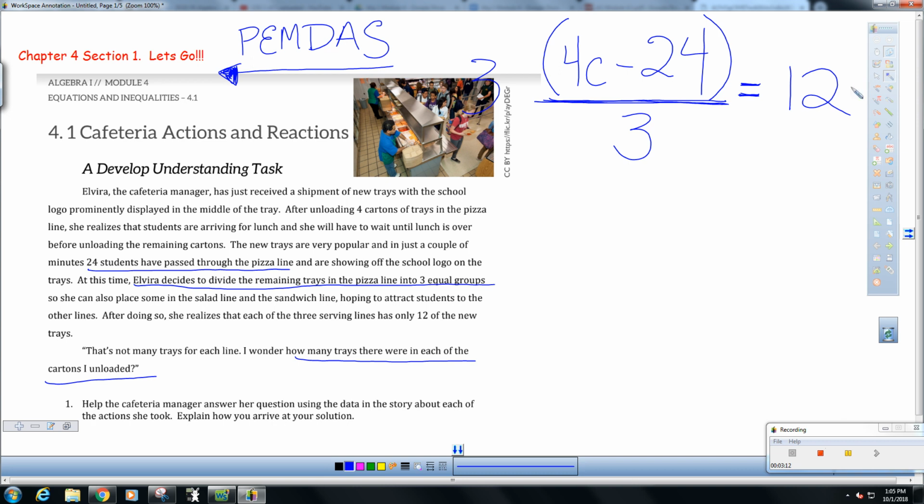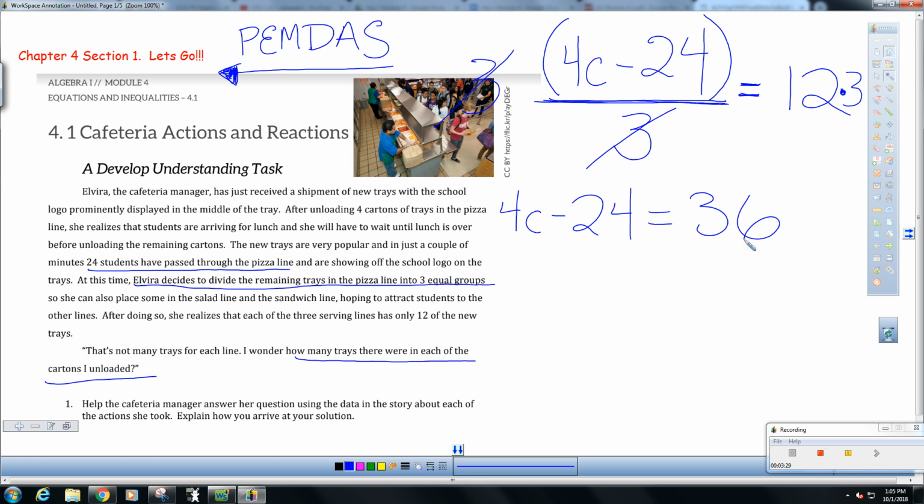So I'm going to multiply both sides by 3. Okay? 3 divided by 3 is 1. So now I have 4c minus 24 equals 36.